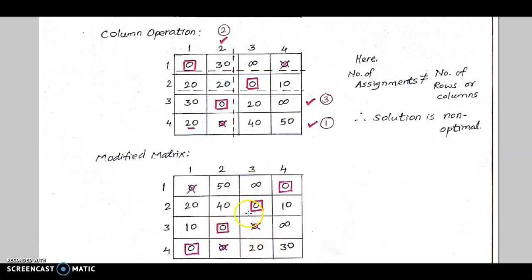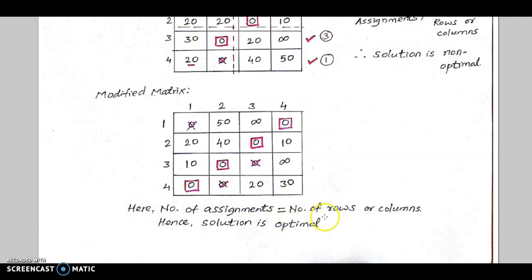Similarly, go on making assignments and let us check for optimum assignment. Now if you observe here, we got 4 assignments and 4 rows or columns. Therefore the solution is optimal. We get the optimal solution because the number of assignments is equal to the number of rows or columns. The number of assignments is 4, and the number of rows or columns is 4. Hence the solution is optimal.